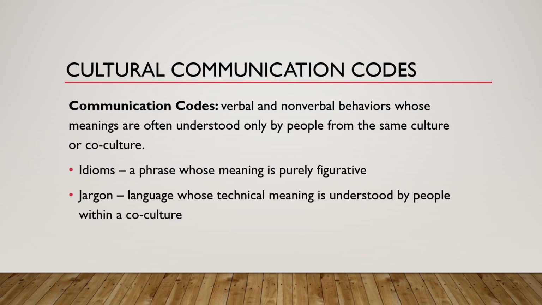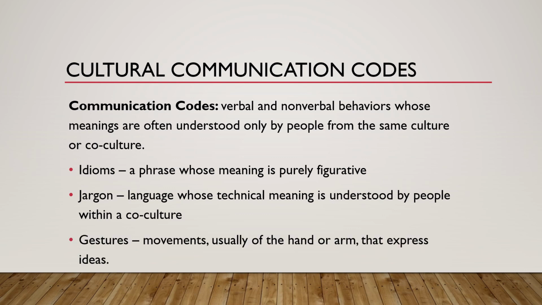Jargon, I referenced this earlier. Jargon is technical language that has meaning understood only by people within a co-culture or a culture. So we can think about maybe slang that is particular to an age group, but also thinking about the example I gave of the contractor in my house, as well as the medical community having jargon that's very technical and specific.